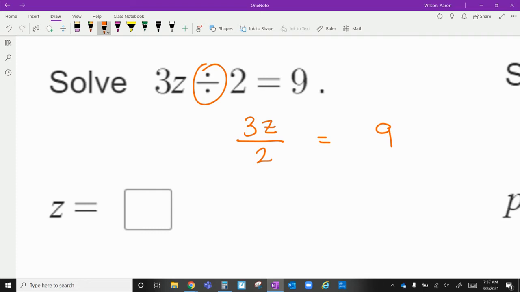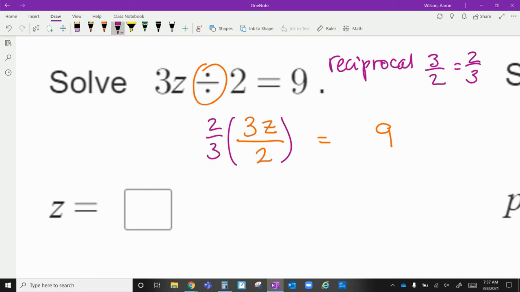So if you can kind of see, it's 3 halves z, or 3 over 2, right? So what is the reciprocal of 3 over 2? Well, that is 2/3. So I'm going to multiply both sides by 2/3.